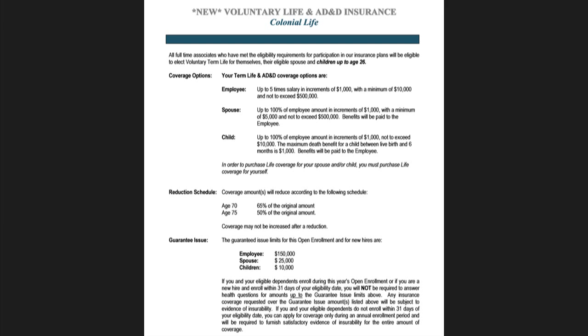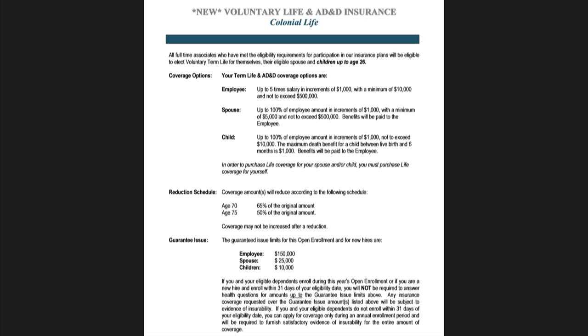The guarantee issue limits shown are $150,000 for employee, $25,000 for spouse, and $10,000 for children. This applies to this product as well as all the Colonial Life products that we're going to address since they're being newly introduced and offered during this plan year.